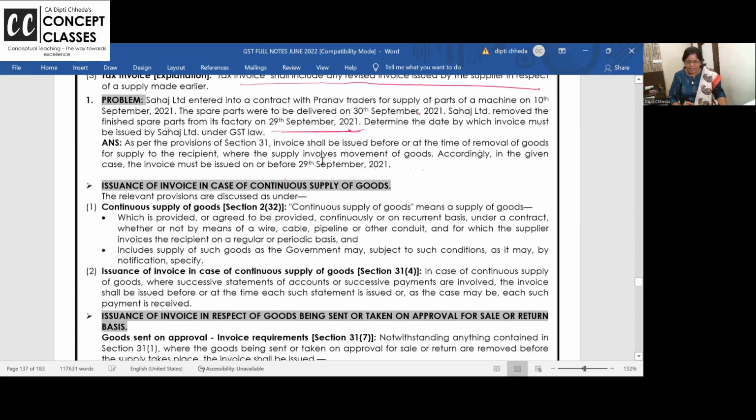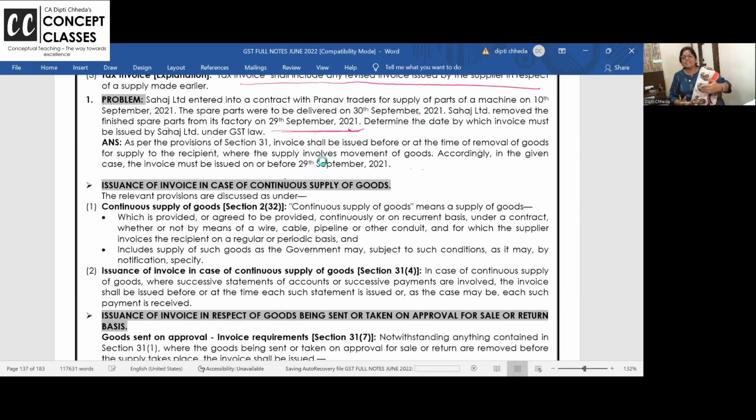Yes? Now, can there be continuous supply of goods? Yes, like LPG gas, or another example for continuous supply of goods is water bottles. In a company, 20 liter water bottles are called every month, every week, and the billing is done on a monthly basis.